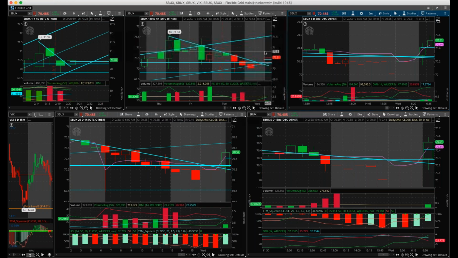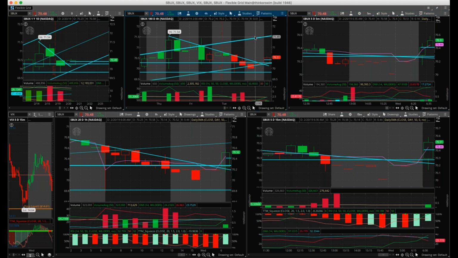71 area. Probably get some resistance at 70.80 and 71.10 and at 71.35. And then we'll be testing that high if we can get past those.